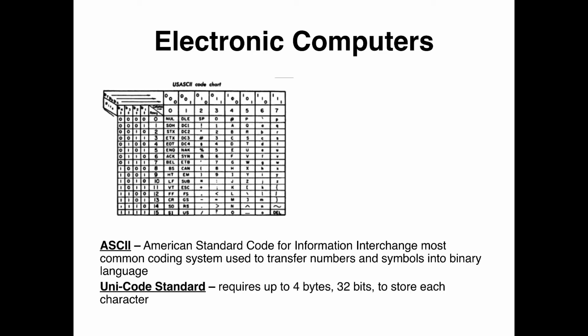The Unicode standard requires 4 bytes of data in order to store each particular character. So a character, 6 for example, or a B, is translated into 4 bytes or 32 bits of data, and that is then stored as a character in the computer.